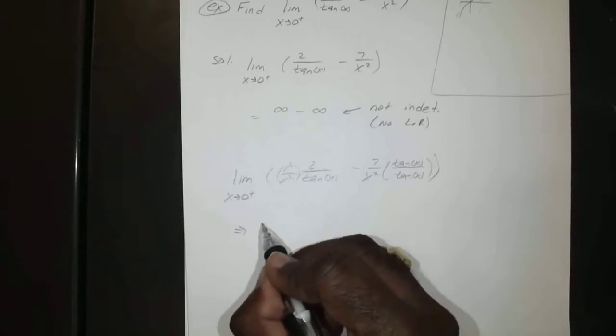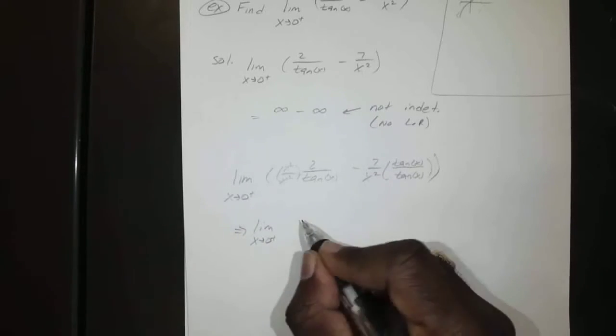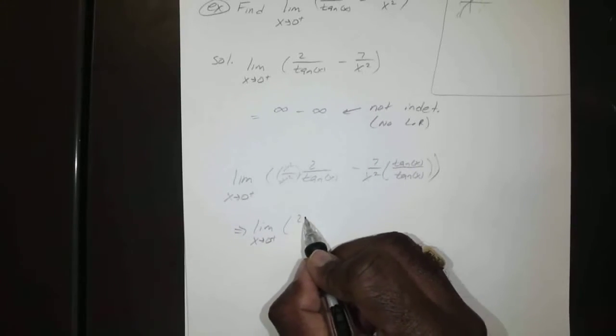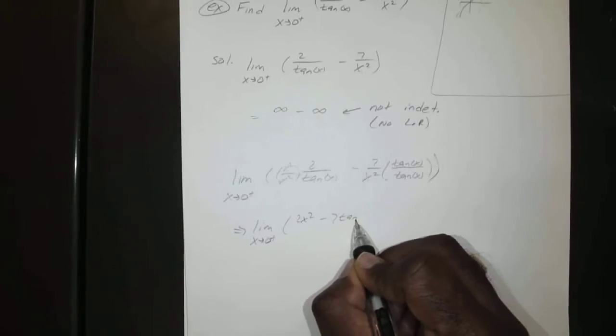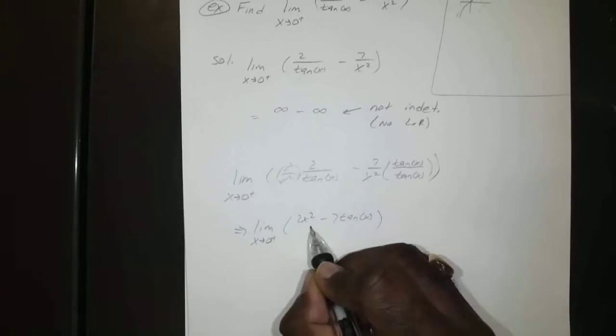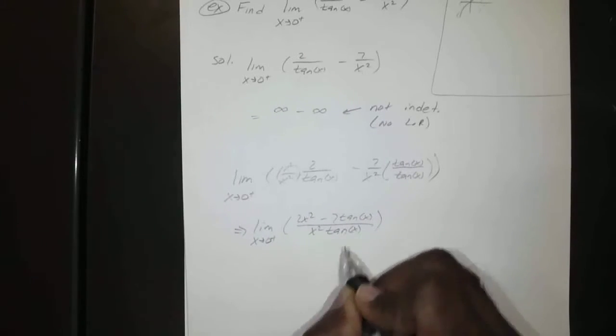Then we'd end up with the limit as x approaches 0 from the right of 2x squared minus 7 tangent of x over x squared tangent of x.